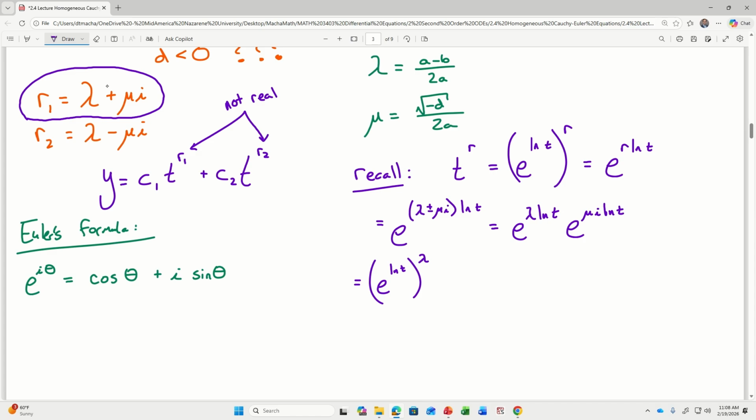And I can write instead cosine of mu natural log t plus i times sine of mu natural log of t.